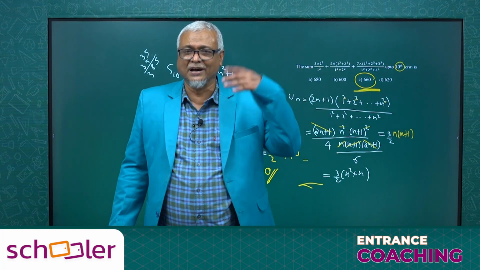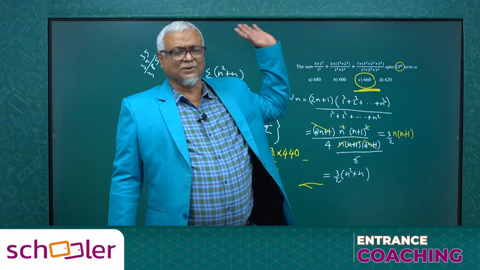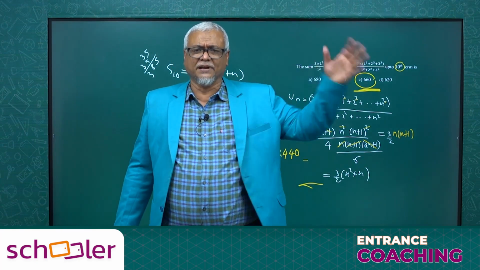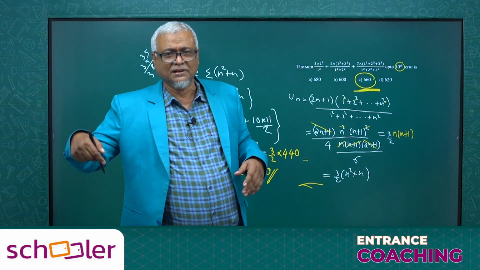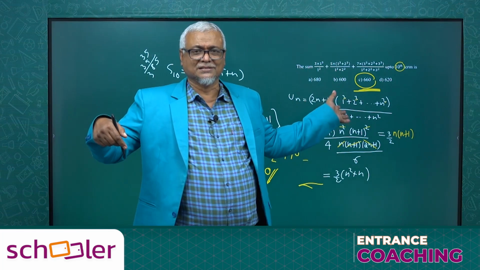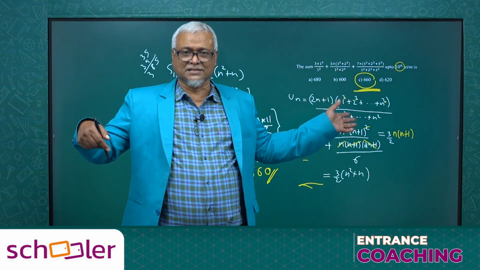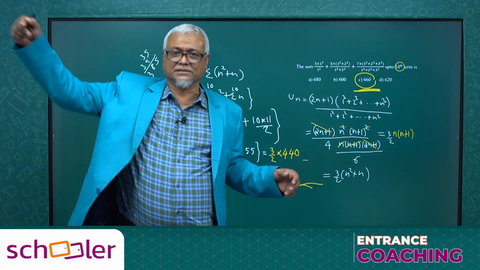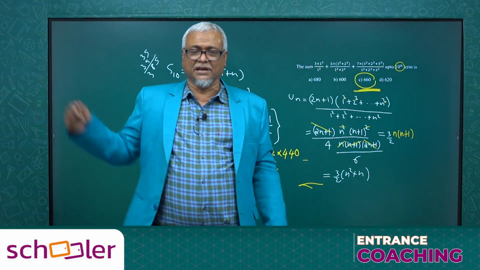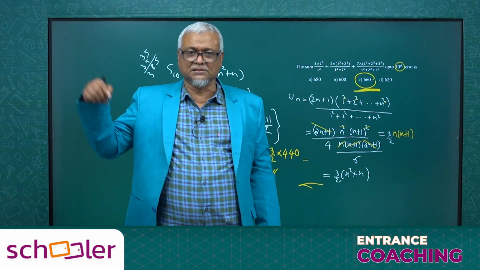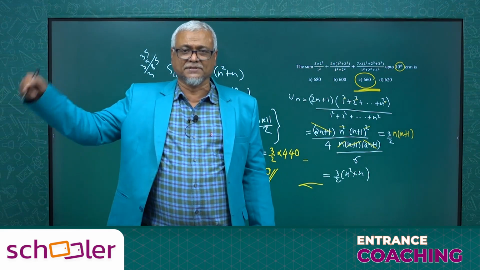So what you have to do is go through the questions and collect every question. If you see a question, check whether it is from a particular chapter or section, and collect that question in your notebook. Write a heading, summation of series, previous questions from summation of series.